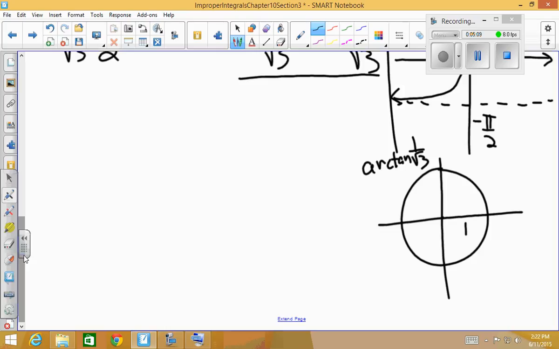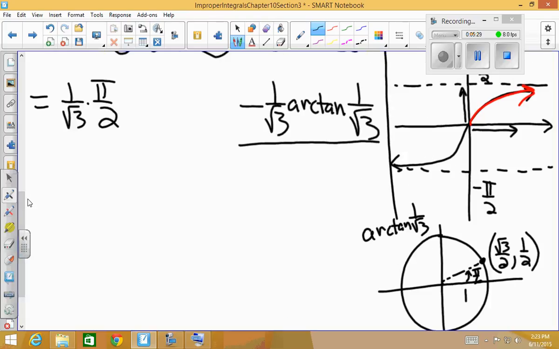Tangent is sine over cosine, so we need the cosine to be the square root of 3 over 2, the sine to be 1/2, and that will give us a tangent of 1 over the square root of 3. So this happens exactly at pi over 6. And so we have pi divided by 2 square root of 3 minus pi divided by 6 square root of 3.